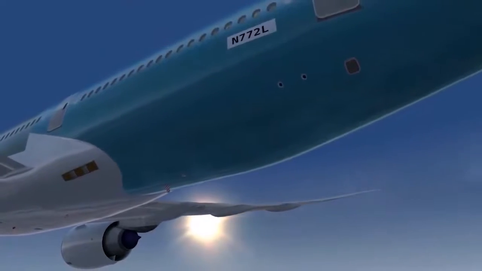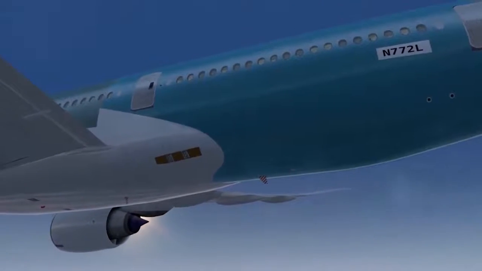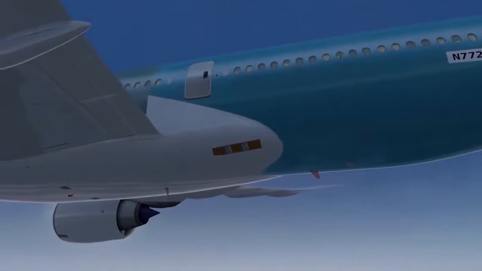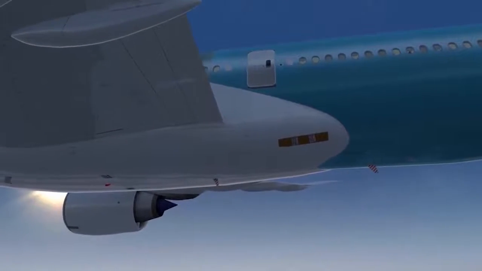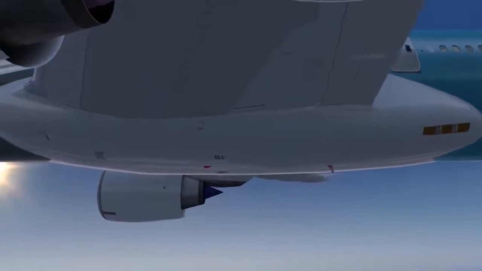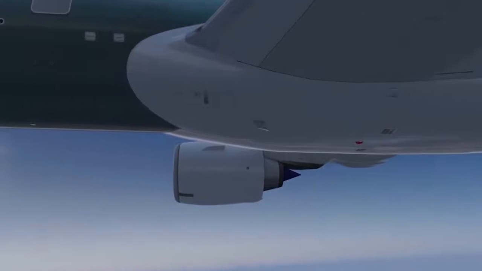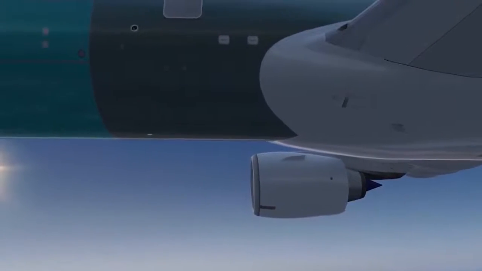As we talked about earlier, one forward and one aft outflow valve permit the discharge of air overboard in order to maintain the required cabin pressure. Both valves are identical, but one is obviously located in the rear and the other in the forward fuselage. Both valves are controlled with two separate channels, with backup power sources to provide system redundancy.